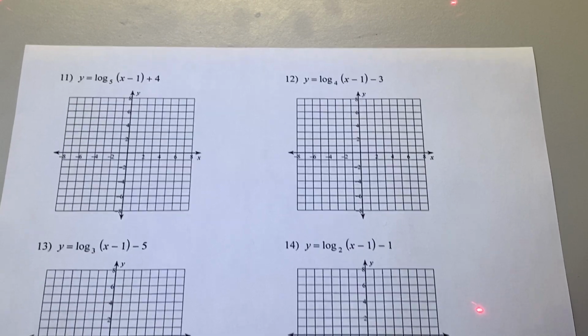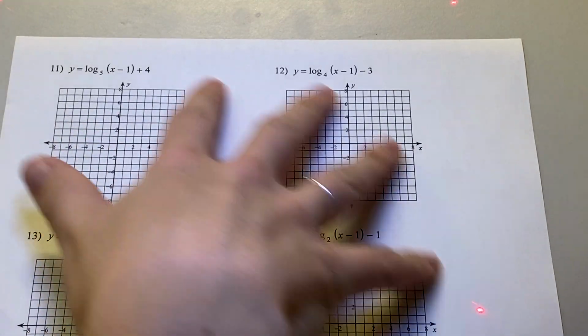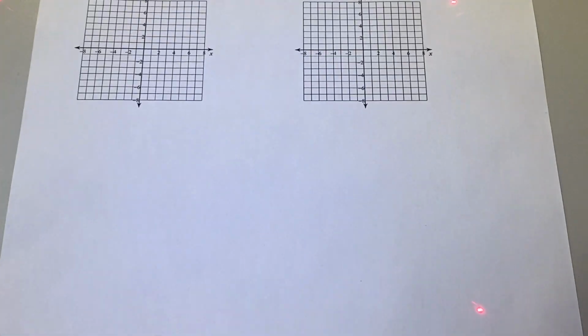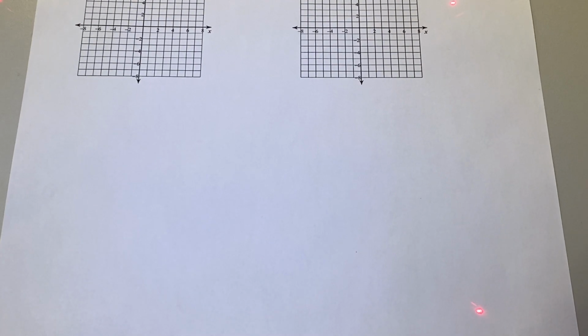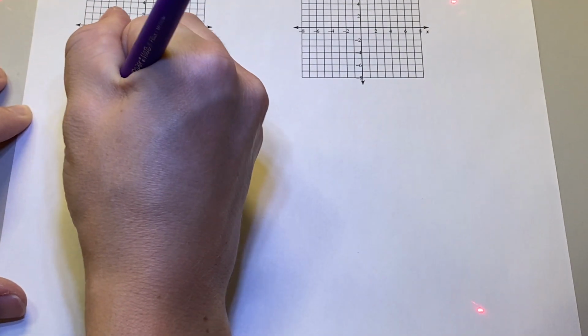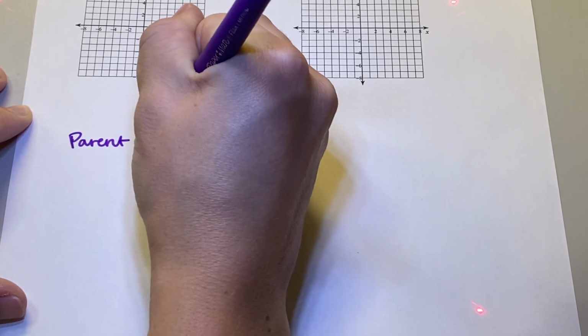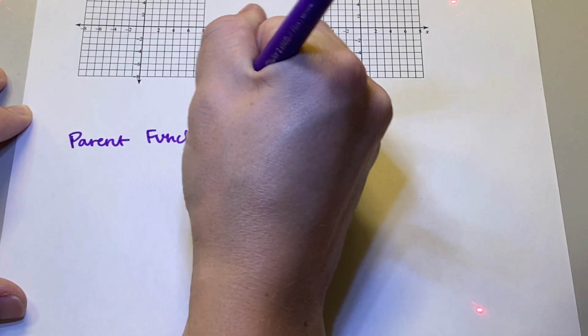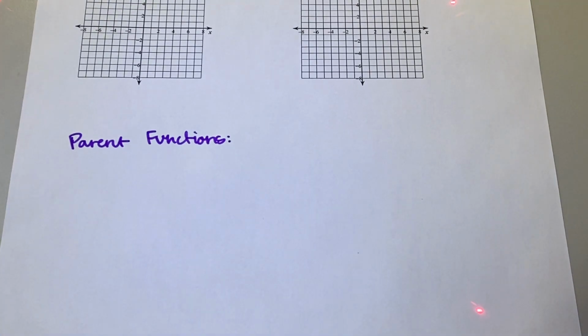They're opposites, okay? Before we get to these guys, let's go ahead and take this empty space on our paper right here and give ourselves what we call parent functions. Okay, we call them the parent functions in math.